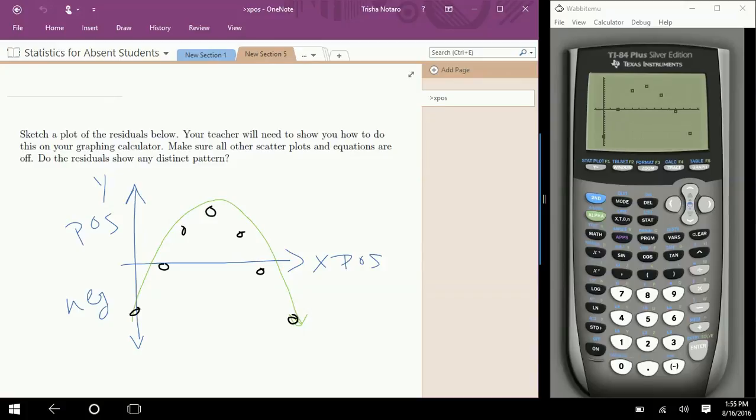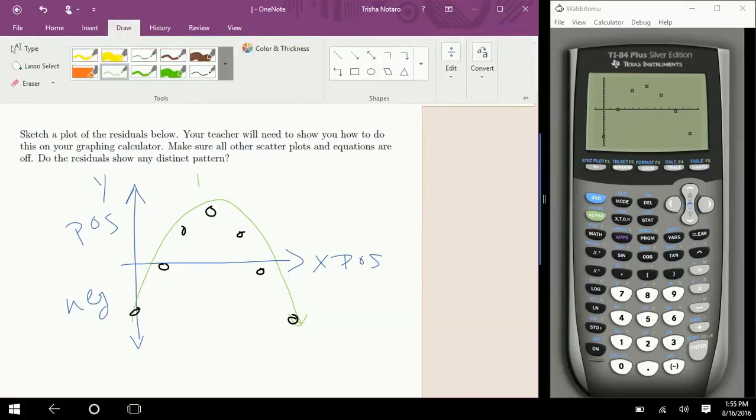And when you are looking at residuals, we don't have patterns. So that's something you might want to jot down, okay, pattern, and let me get a different color.